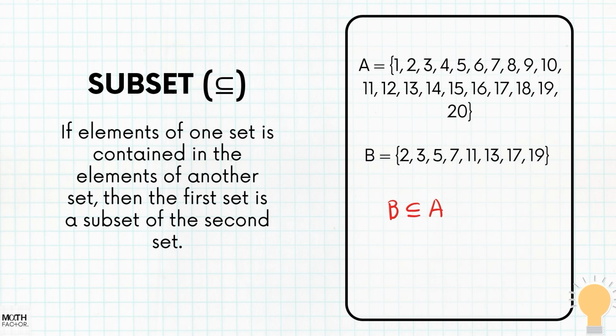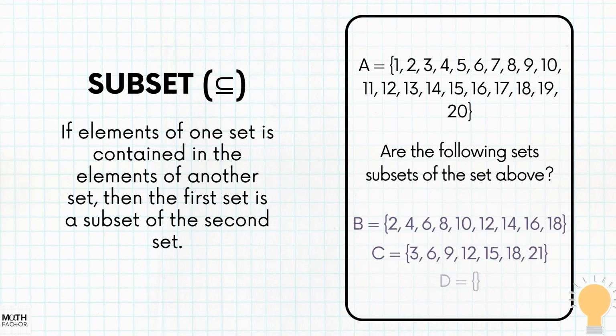Again, given set A, let us determine if the following sets will be its subset. For set B, it is a subset since all of its elements are contained in set A. For set C, it is not a subset because 21 is not contained in set A. For set D, as mentioned, empty sets are subsets of any set.